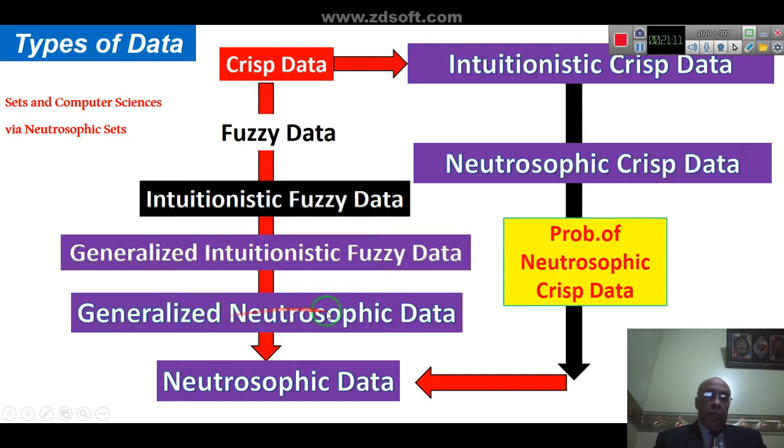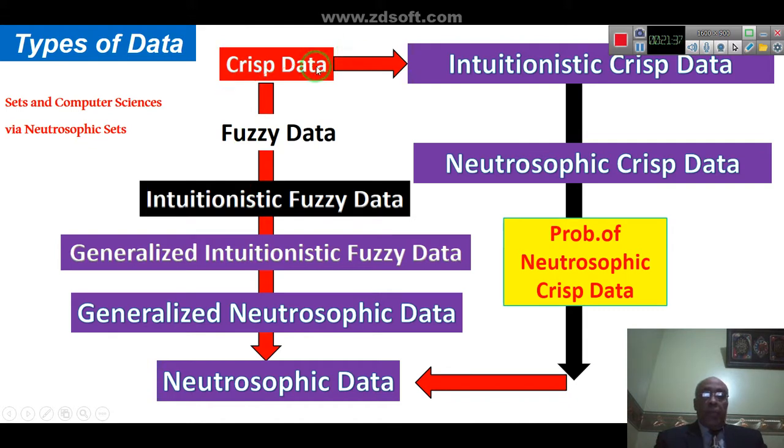A generalized neutrosophic set is contained in neutrosophic data. Neutrosophic data consists of generalized neutrosophic data, generalized intuitionistic fuzzy data, and crisp data.